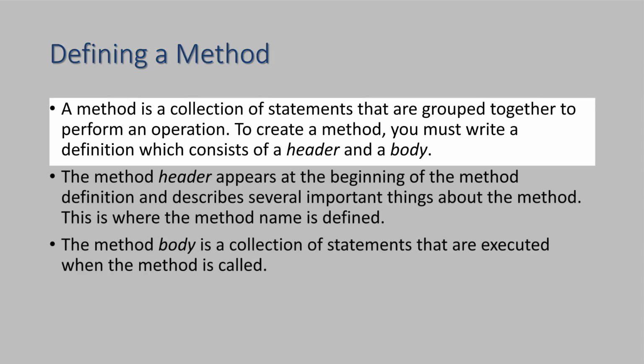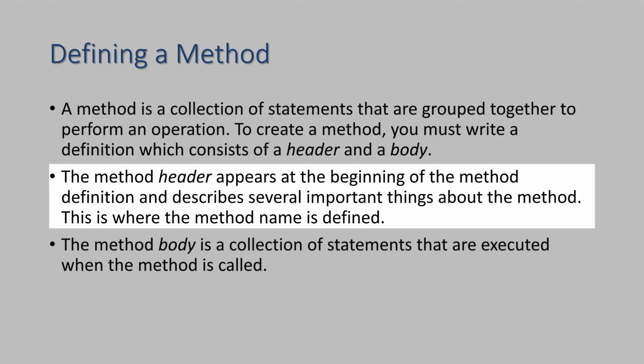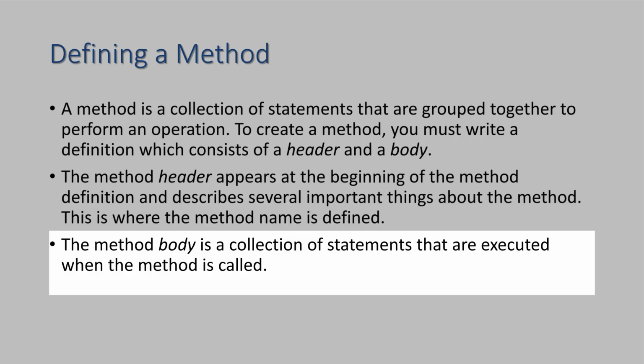A method includes a collection of statements that are grouped together and perform an operation. Methods must be defined with a header and a body. The method header appears at the beginning of the method and describes several important things about the method. This is where the method name is defined. The method body is a collection of statements that are executed when the method is called.